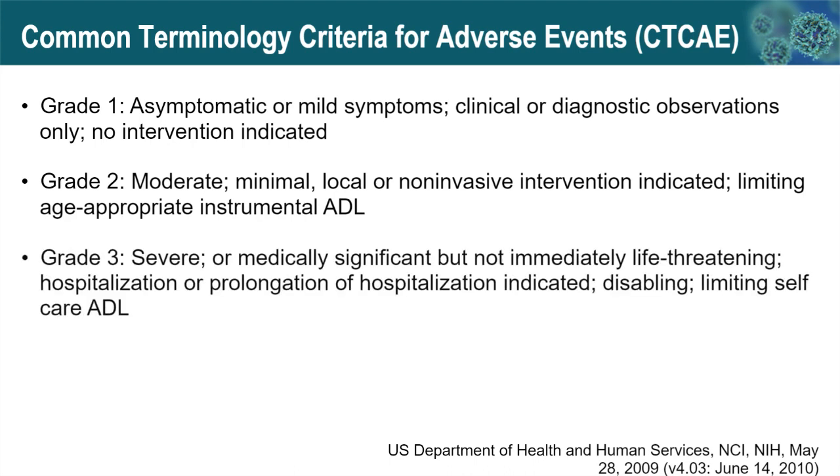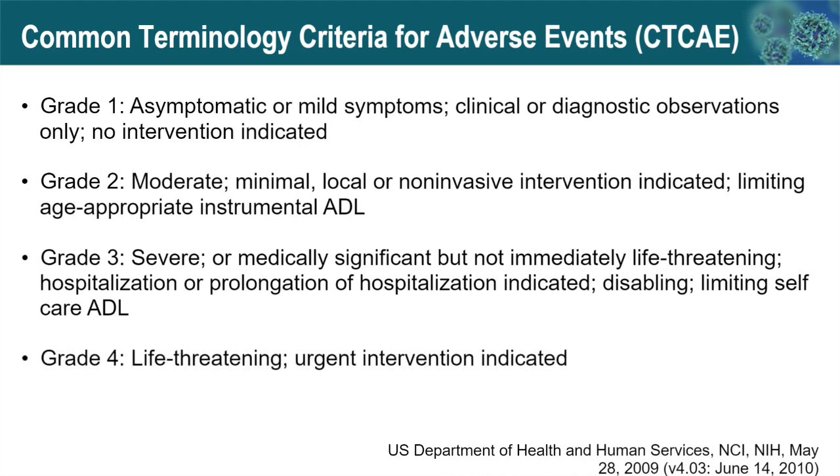Grade 3 immune-related adverse events are considered to be severe or medically significant, but not immediately life-threatening. Generally, the patients require hospitalization or prolongation of hospitalization is indicated if they are already in the hospital. These are considered to be disabling and generally limit self-care activities of daily living.